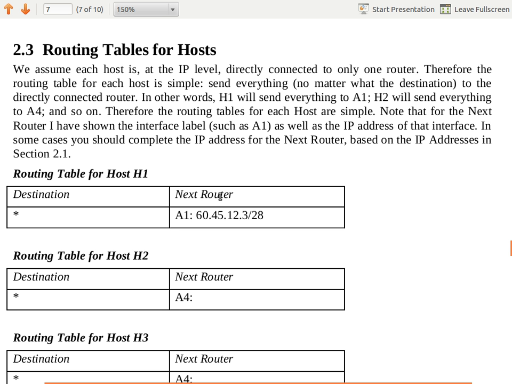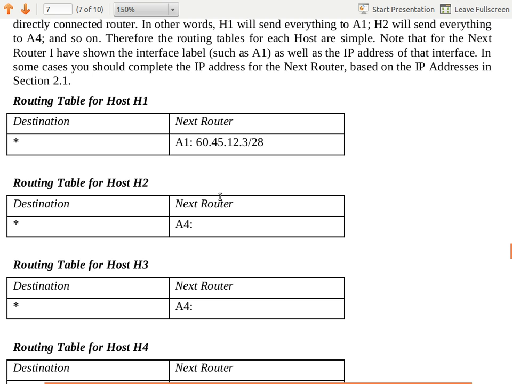Then you do it for H2, H3, H4, H5, and H6. I've basically given you the answers for those in the question, because all you need to do is, once you've found what the IP address is for A4, and that was in the previous question, just write it down here.